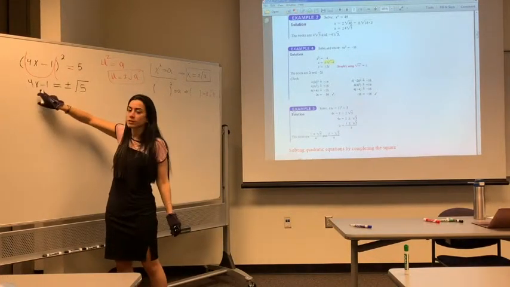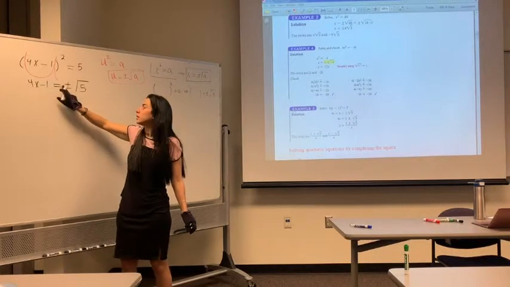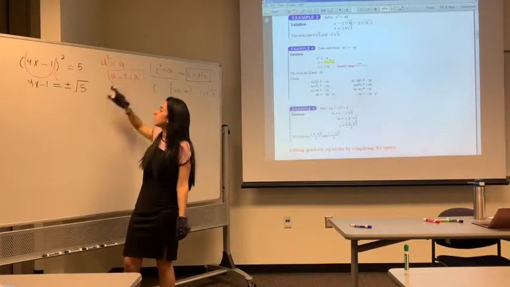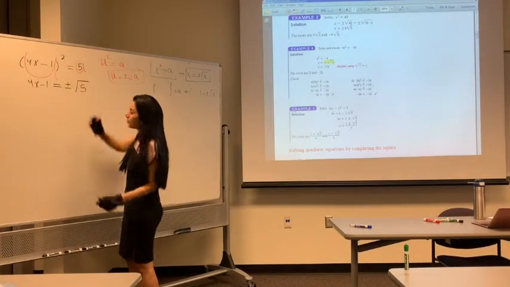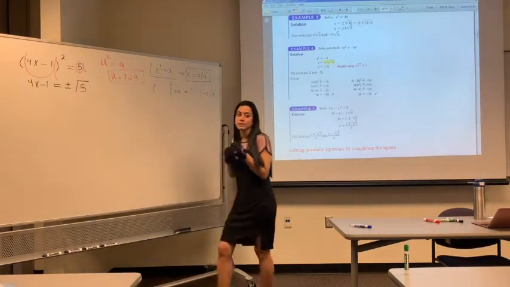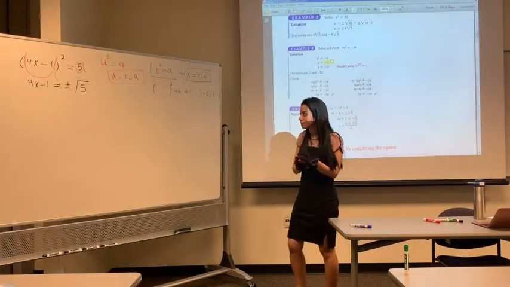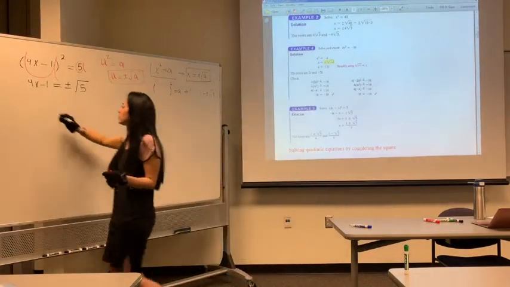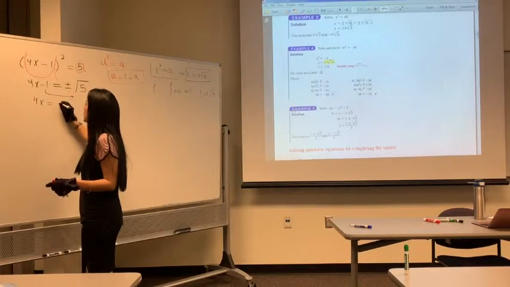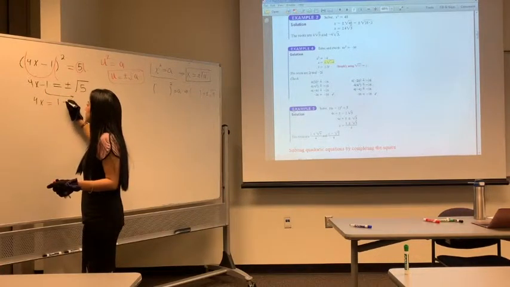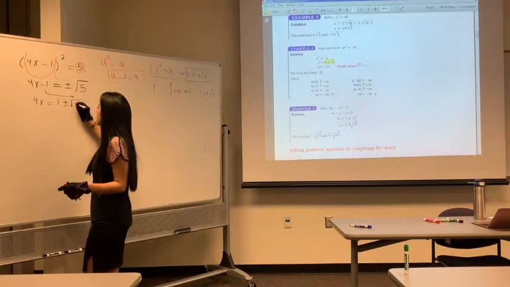U is 4x minus 1, equal to plus minus radical a, which is 5. So this one is a. Now we can solve this. Solve for x. 4x is equal to 1, which goes to the other side and becomes positive 1, plus minus radical 5.